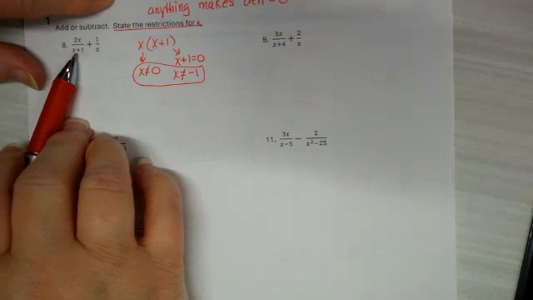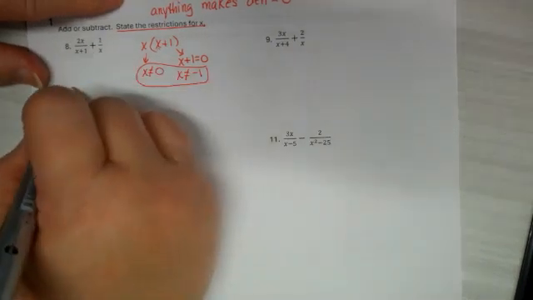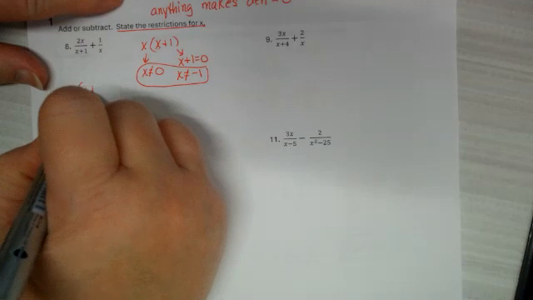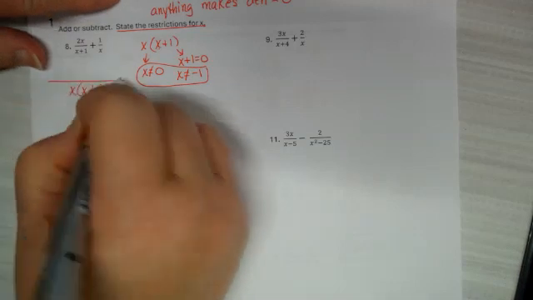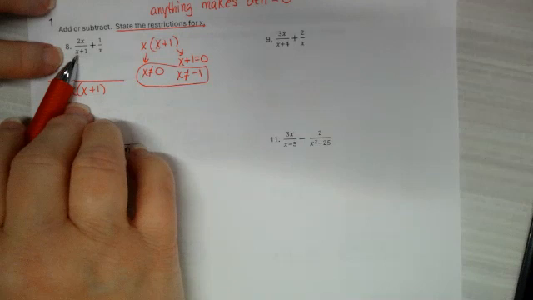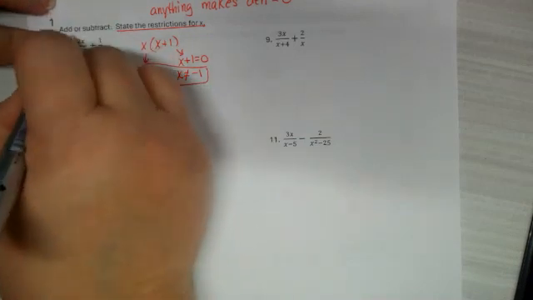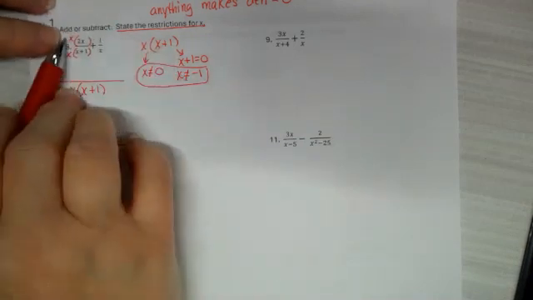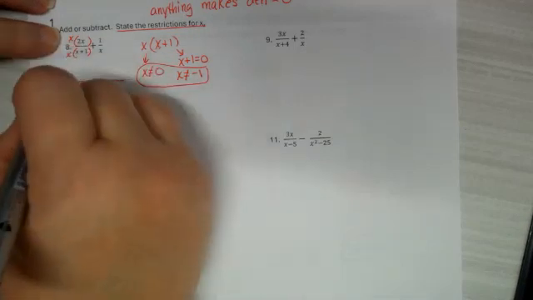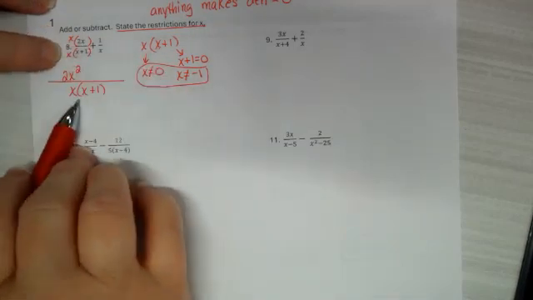And then we go back and we add these. So I know I want my common denominator to be x times x plus 1. So for my first fraction to have this denominator, it needs an extra x. And remember, whatever I do on the bottom, I also do on the top. So my numerator here becomes 2x squared. My denominator is my common one.